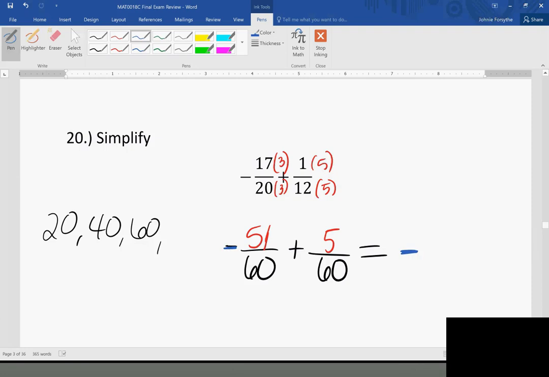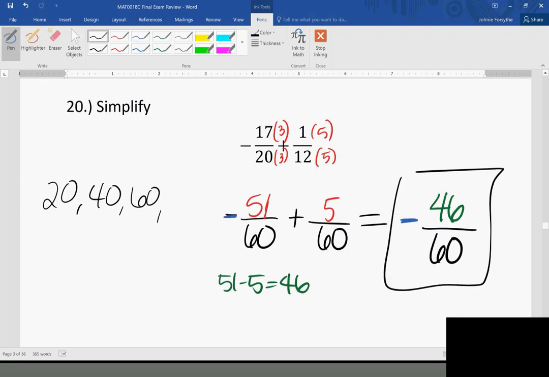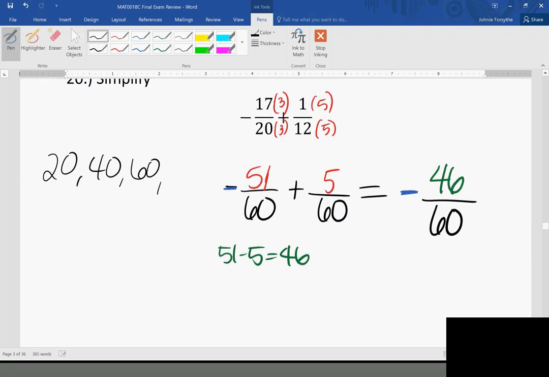So now I'm going to find the difference between 51 and 5. 51 minus 5 is 46. We're keeping that same denominator, so the answer is going to be negative 46 over 60, and we can actually simplify that further. Let me not box that in yet.